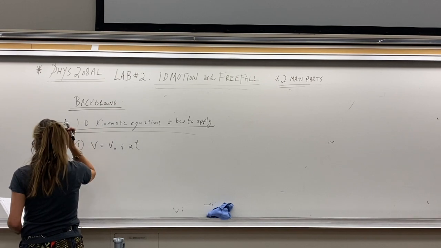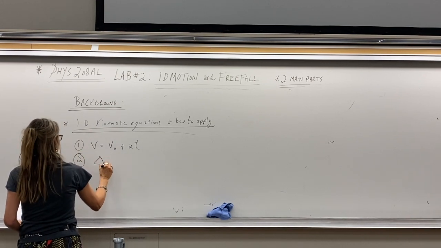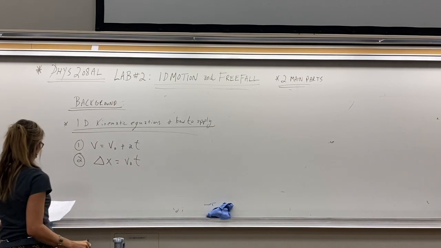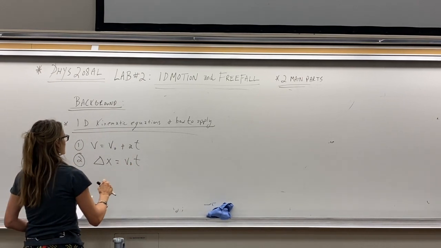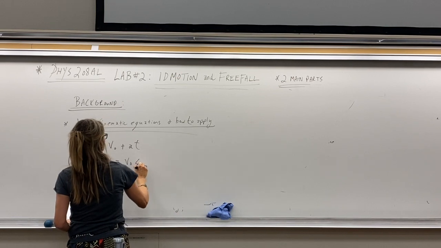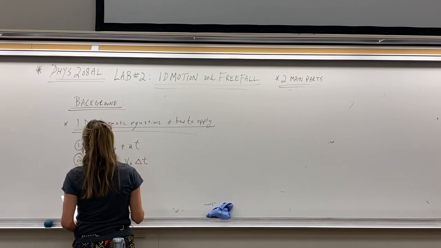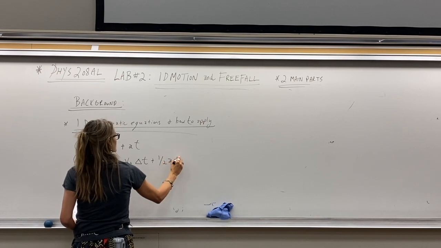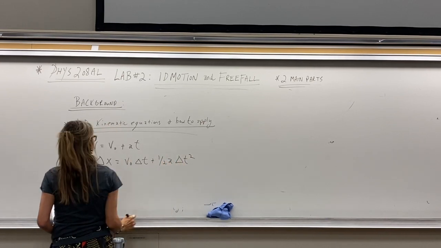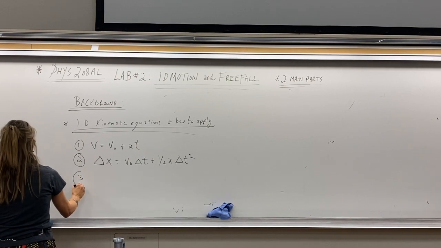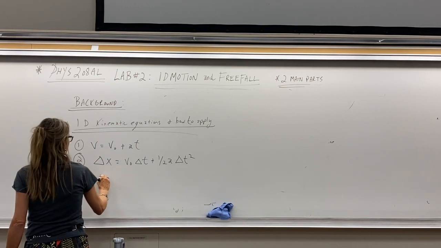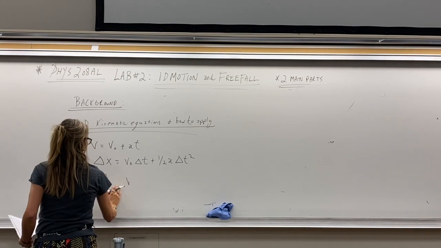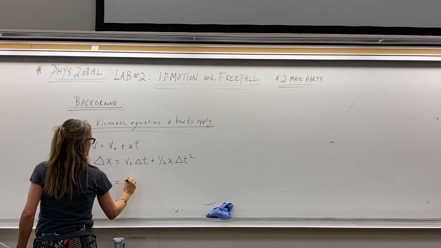Second, we have delta x equals v naught delta t plus 1/2 a delta t squared. I usually use delta r. That's a very common one. Third, we have v squared equals v naught squared plus 2a delta x.